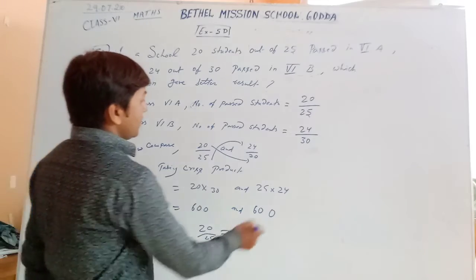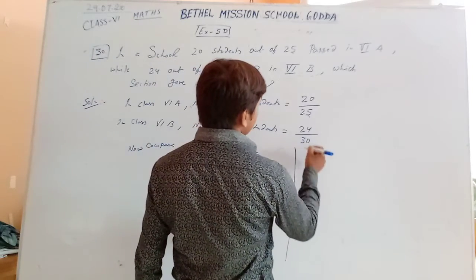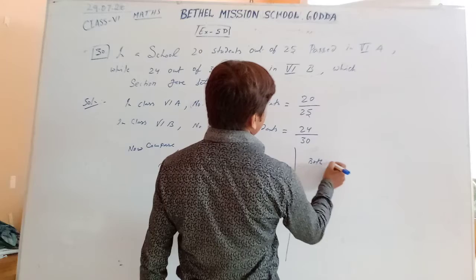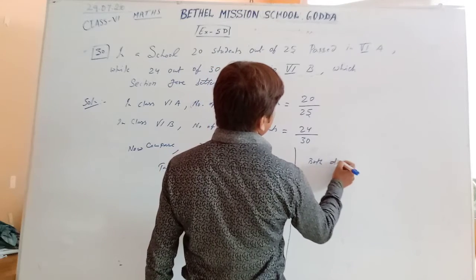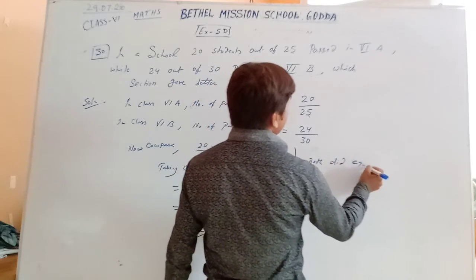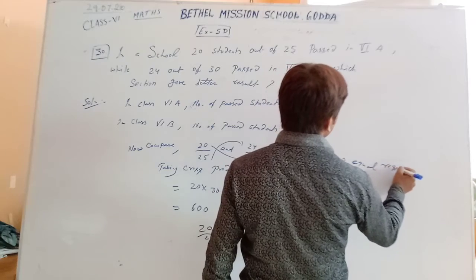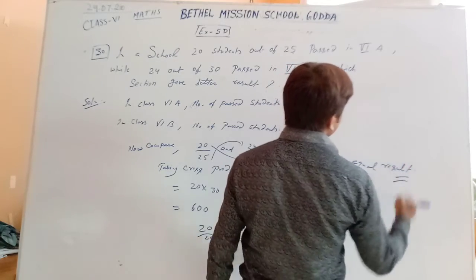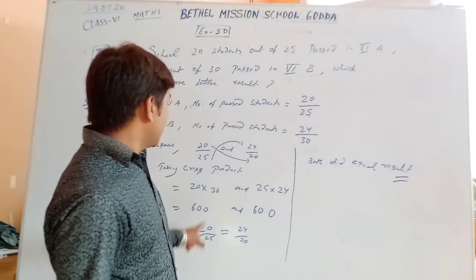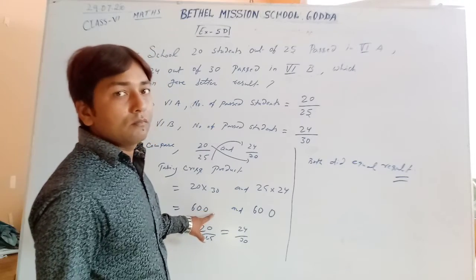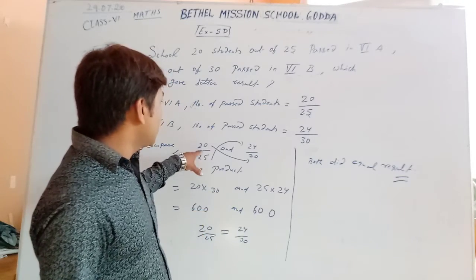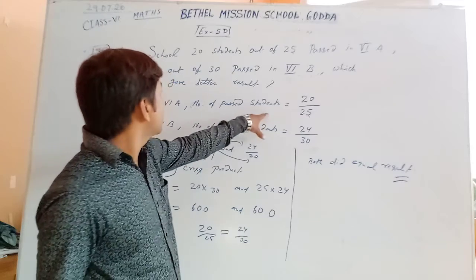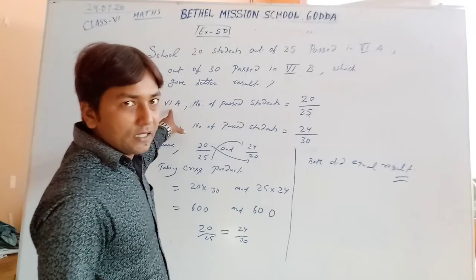So at last we have to write that both did equal results. If this side would be greater, section A would be better.